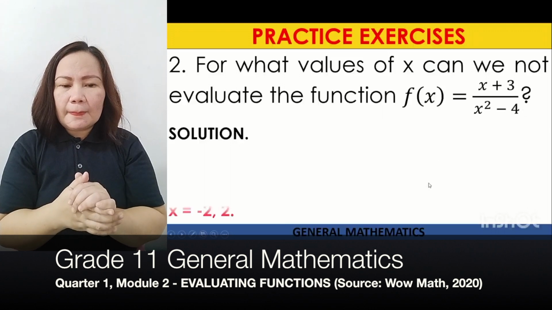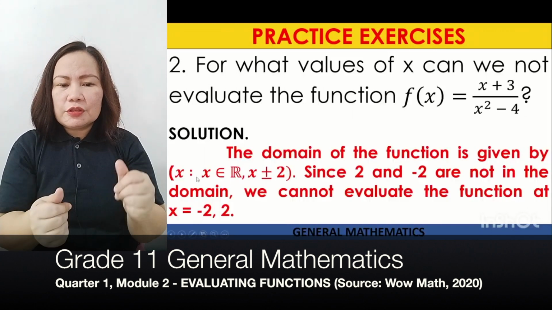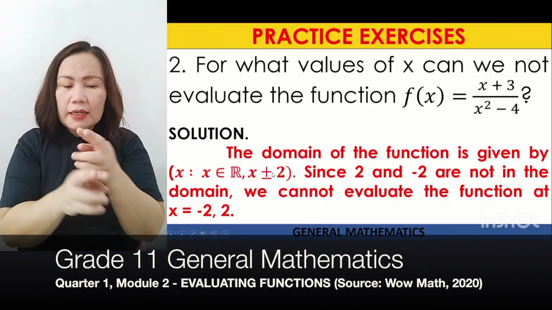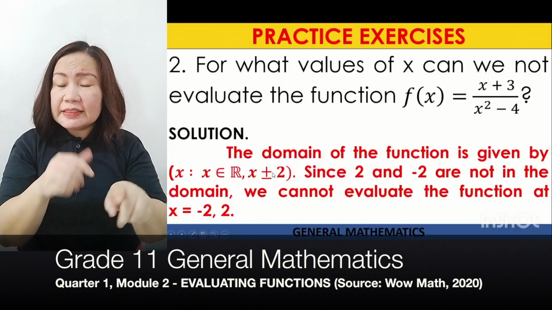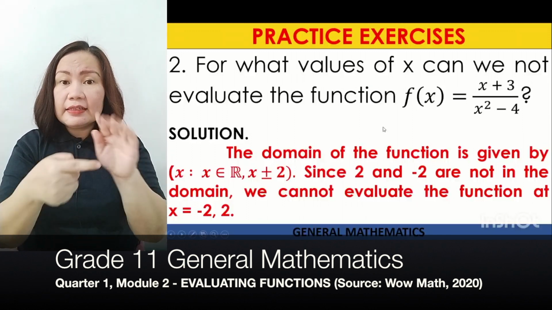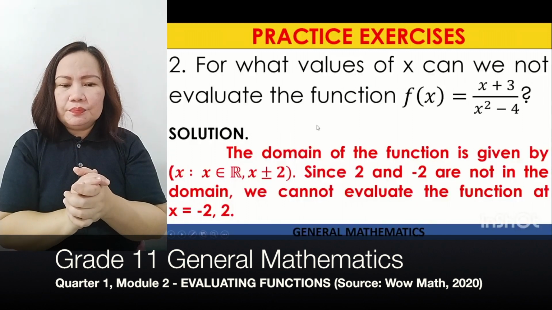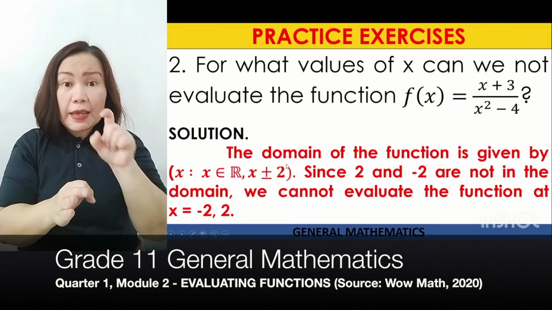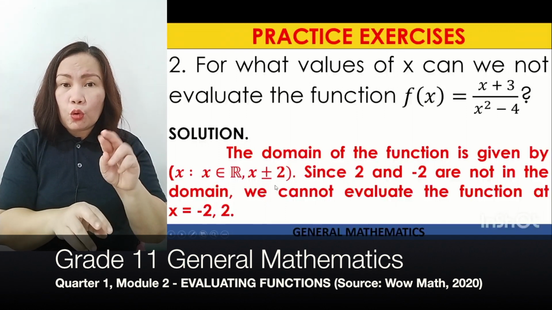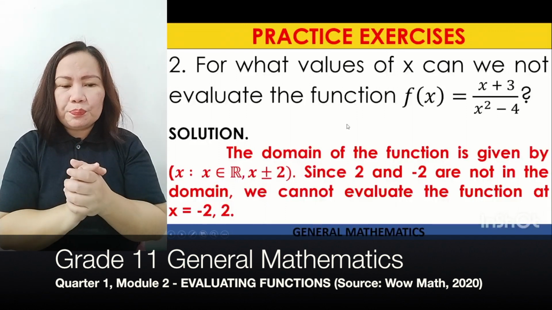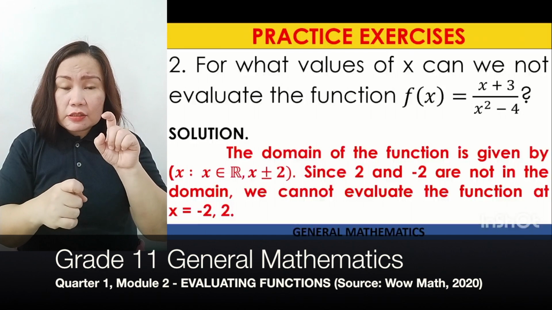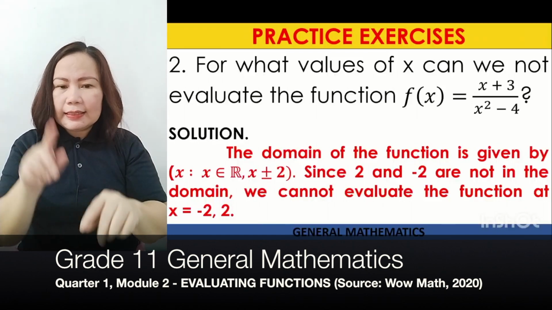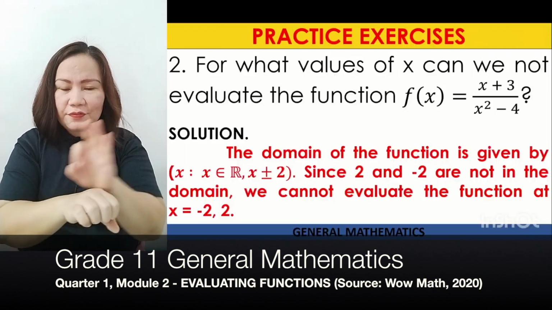Since we have x squared minus 4, so therefore, all set of all real numbers, but yung x natin ay di pwede sa positive 2 and negative 2. So yan ang value ng x. Hindi mo mai-evaluate ang function na to kapag yung x is positive 2 and negative 2. Since 2 and negative 2 are not in the domain, we cannot evaluate the function at x is equal to negative 2 and positive 2.